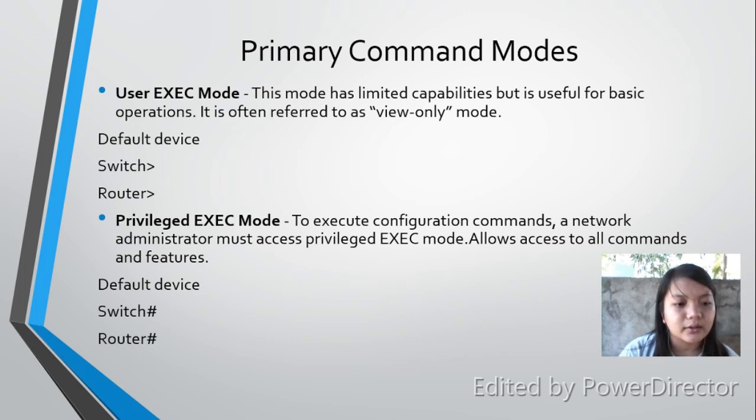The default prompt is the switch followed by the hashtag sign, and the router followed by the hashtag sign. The difference between user exec mode and privilege exec mode is that privilege exec mode allows access to all commands, compared to user exec mode, which is view only.